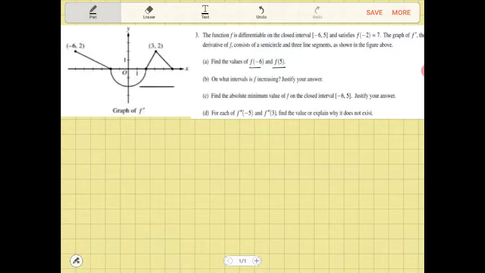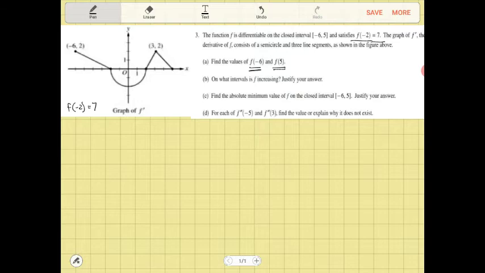So this is f prime. And we know that at -2, the function has a value of 7. That's basically the only thing that's given. We need to find the function value at -6 and at 5 for the first question.